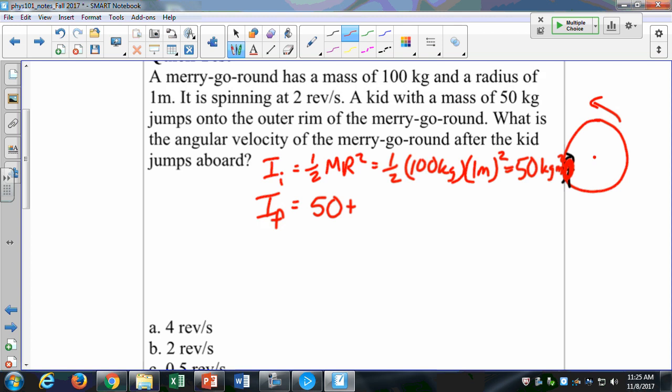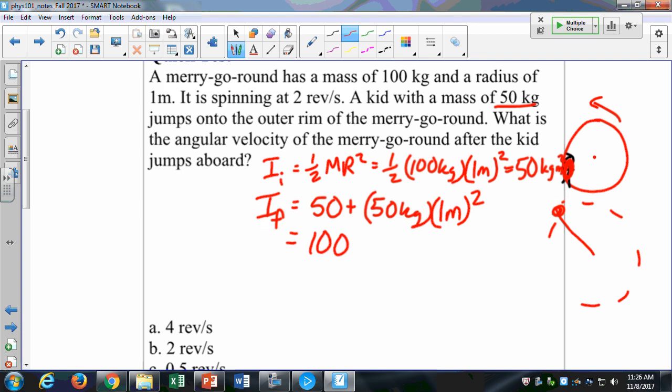So the moment of inertia of the kid is mr squared. So the kid has a mass of 50 kilograms times the radius, which is 1 meter, squared. All right, so that's 100 kilogram meter squared.